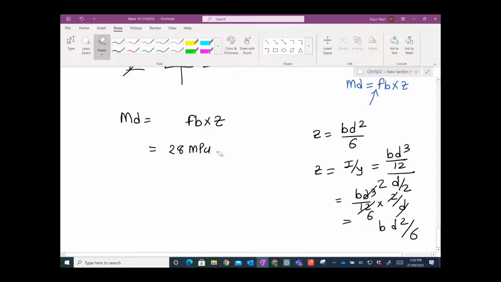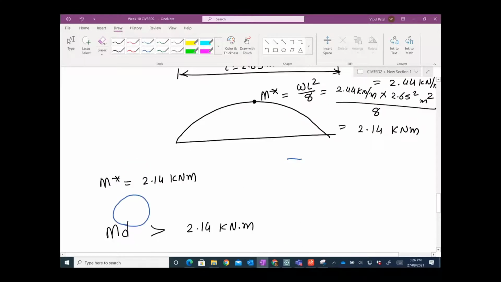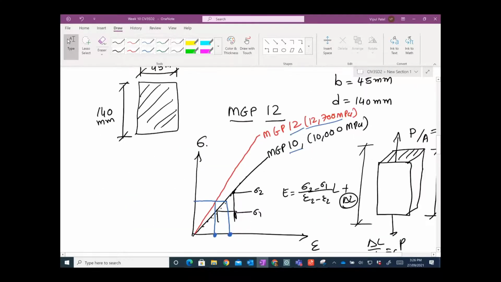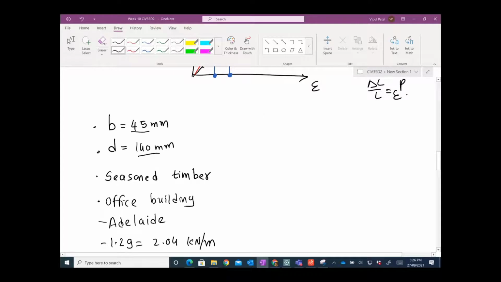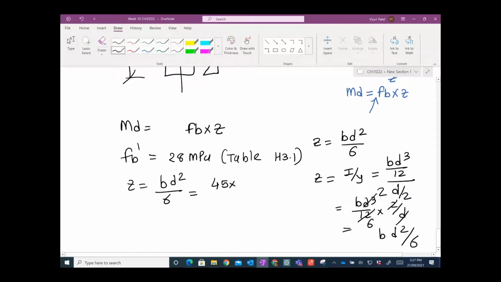Z value, let's calculate separately. This is FB', and that is coming from Table 3.1. Z value is BD squared on 6, where B is 45 and D is 140. So you have 45 times 140 squared divided by 6. You get 147000 millimeter cubed.